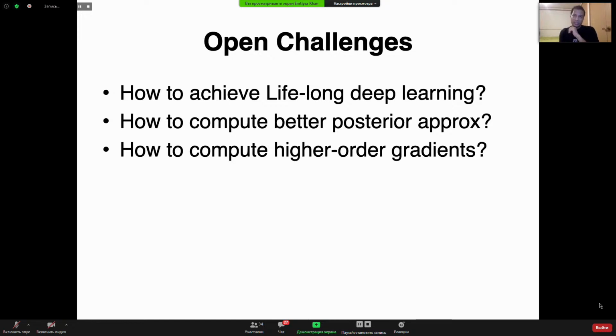But as you can see, and we very quickly looked into this going from gradient descent to Newton's method, you go from a Gaussian with only mean to a Gaussian with mean and covariance. If you want to compute higher order information of your landscape, higher order statistics of your posterior approximation, they're related to higher order gradients of your landscape.